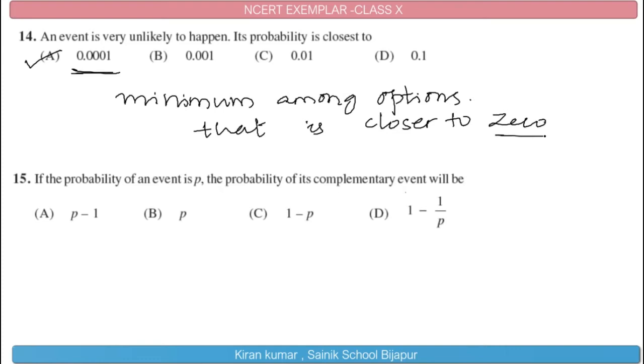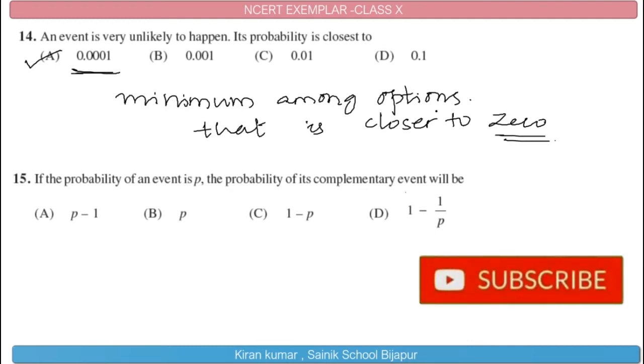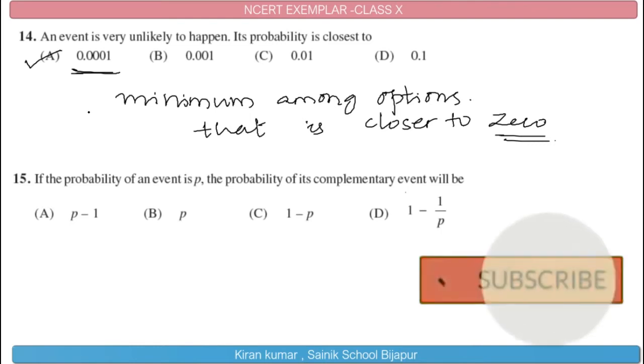When the event is not happening, it is an impossible event and the probability is 0. Here it is unlikely to happen, so we have to choose the option which is very close to 0. So the right answer is option A.